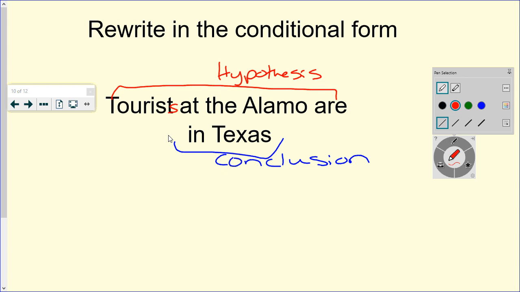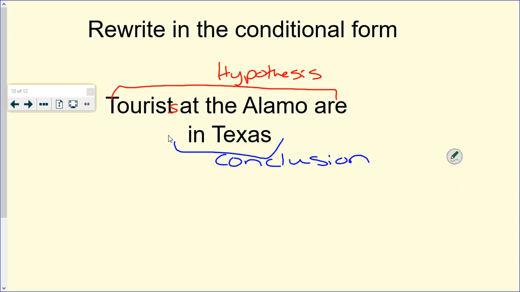So conditional statements use those two key words. What do I start with? If. Every conditional statement starts with if. So if, what happens first? What did we say our hypothesis was? If tourists, what am I going to have to throw in there? If tourists are at the Alamo, we're going to have to rearrange those words a little bit.